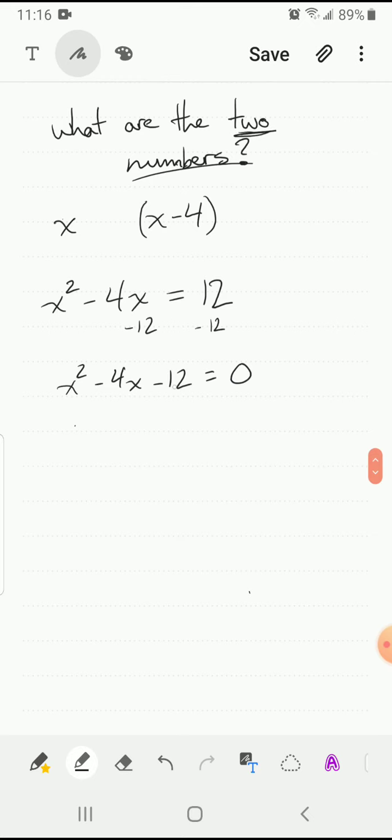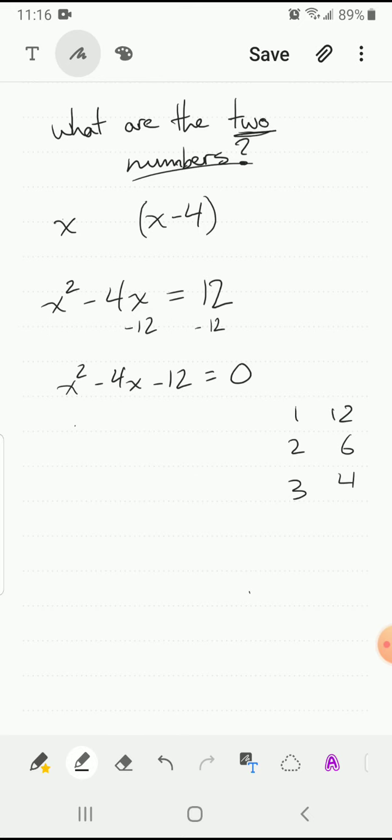Now this looks like something we have seen before. So I need two numbers that multiply to negative 12 and sum to negative 4. Well, if we look at 12 and its factors, I don't look at the multiplication right away. I look at the sum. We need negative 4. Well, if you add 1 and 12 together, you're only going to get 11 or 13.